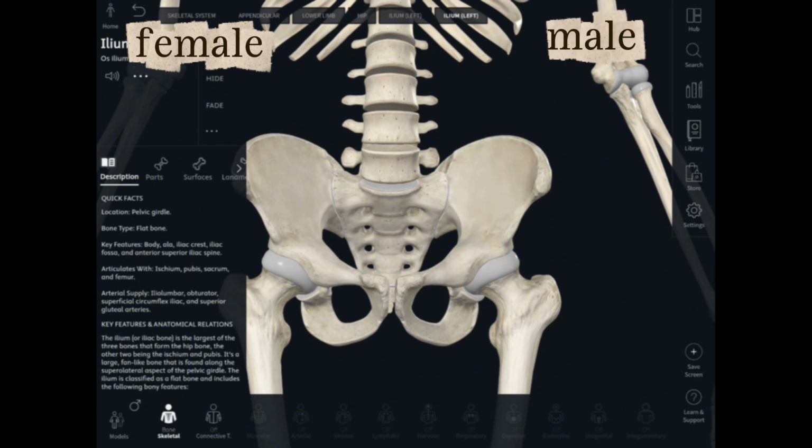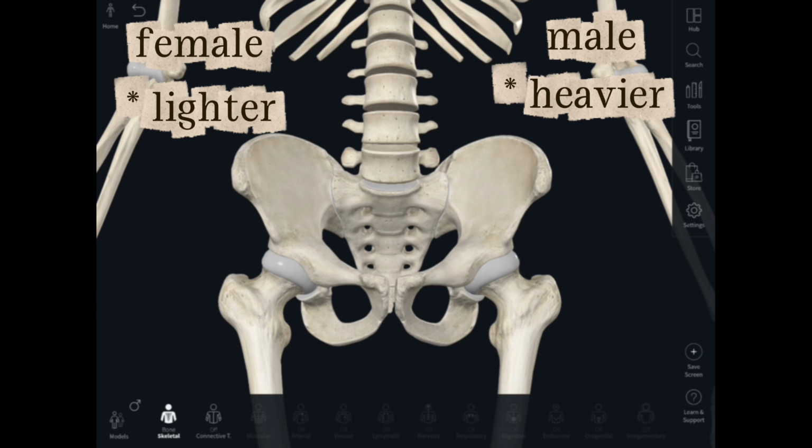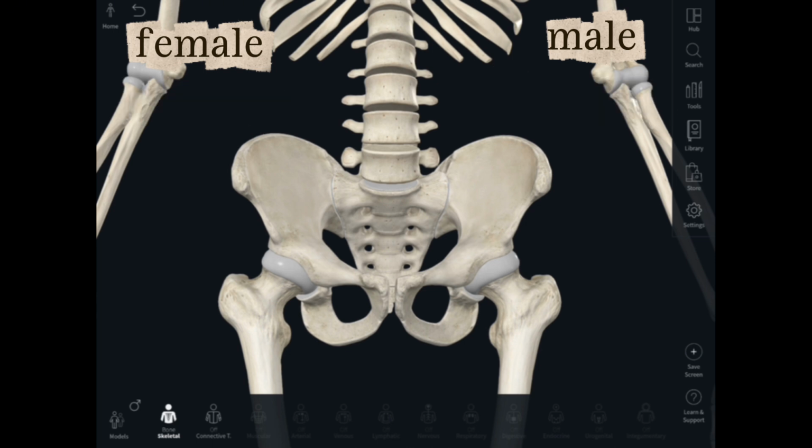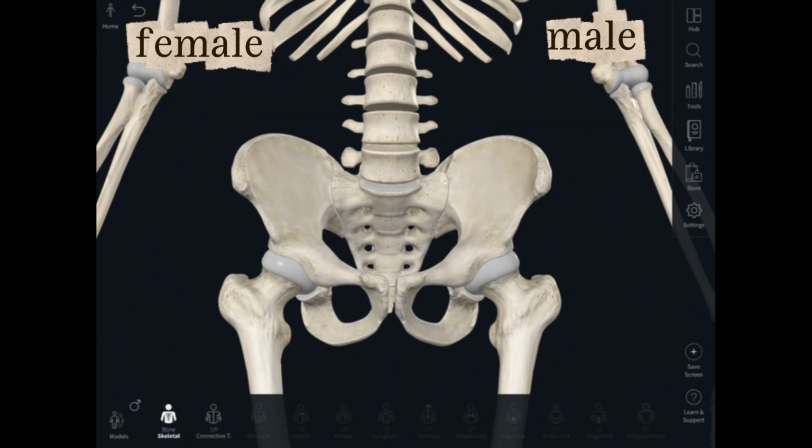Okay, the female one is lighter than the male one, and it's also wider than the male one. The pubic arch, the anterior angle between the pubic bones, is wider, as I told you.